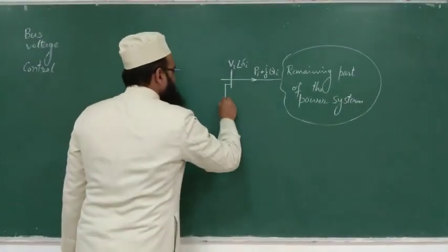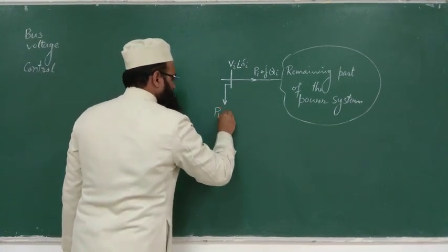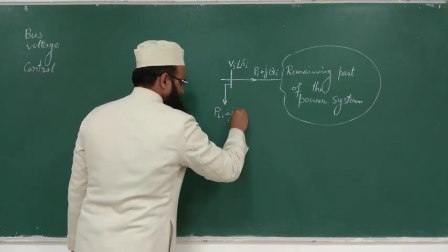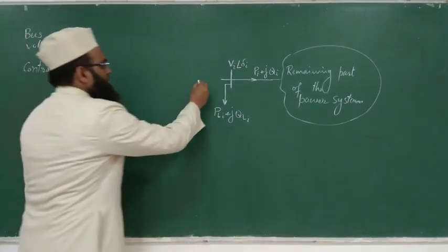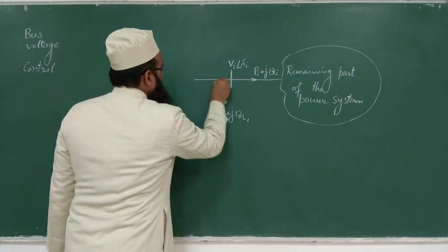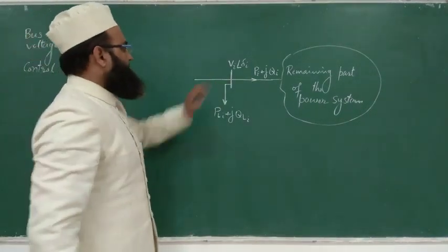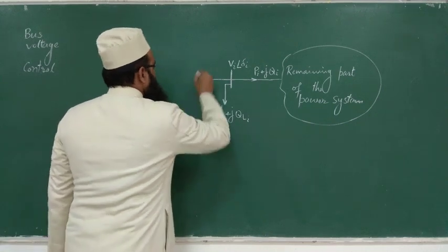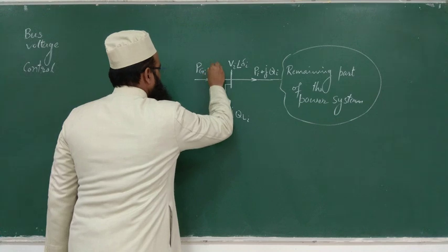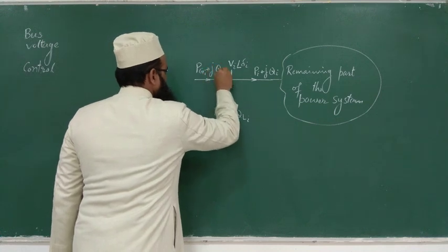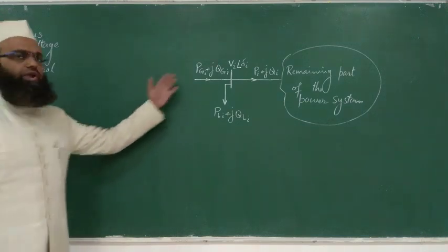Let us denote the load connected at the ith bus as PLi plus j QLi. The generated power injected, let us denote this by PGi plus j QGi. Earlier we have used the same notation, right?